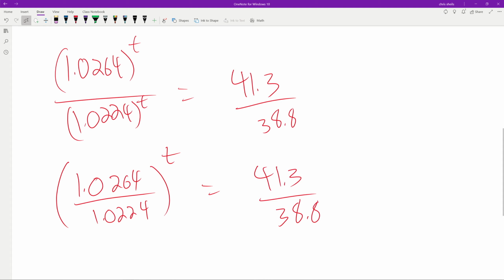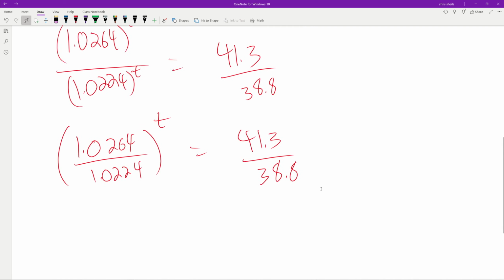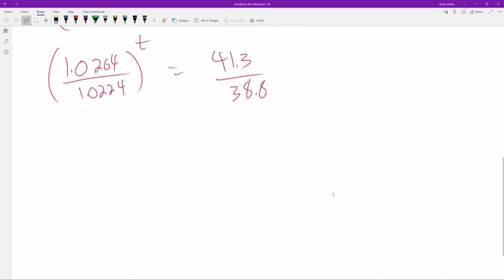And now let's take a logarithm of both sides. Let's say take the natural log of both sides. It doesn't matter which logarithm I choose.